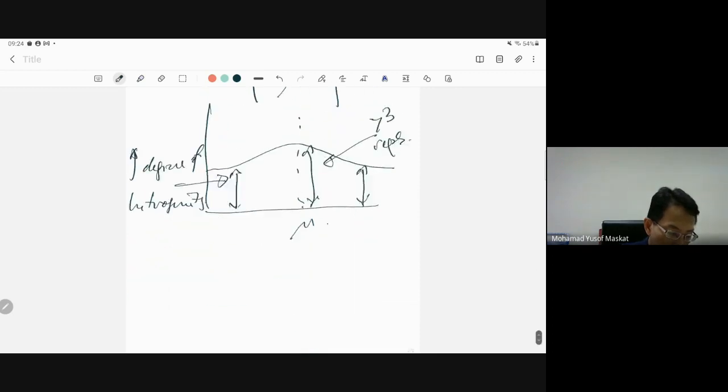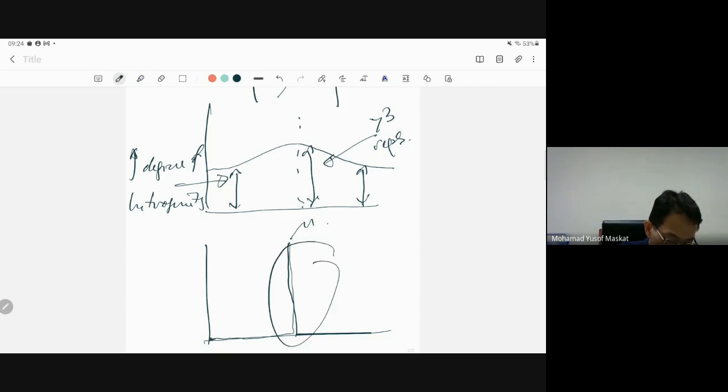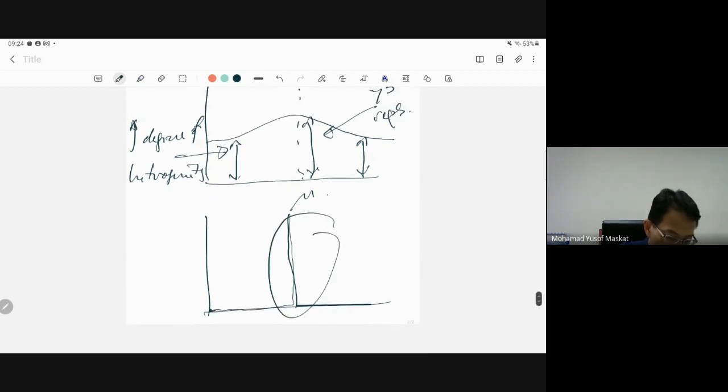For example, if it is like this, it is very low, and then it shoots up there, like the peak in a chromatogram. So this is very homogeneous.